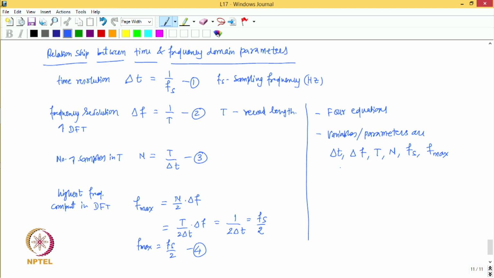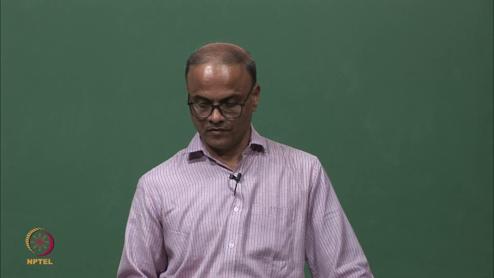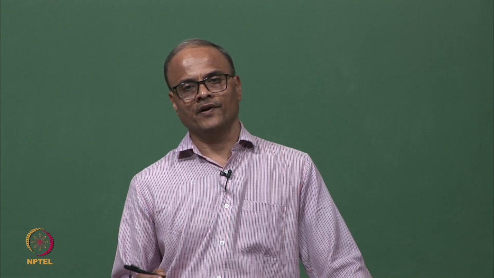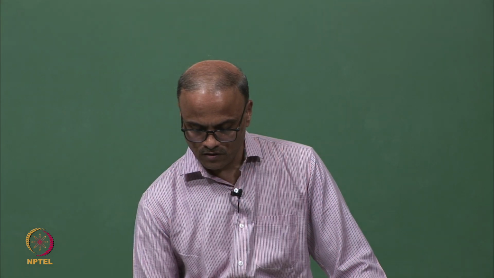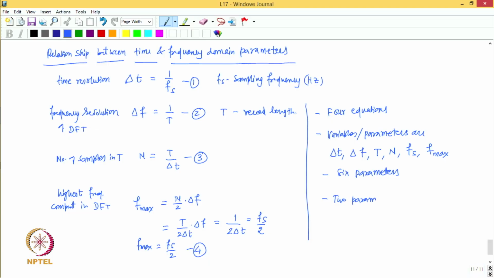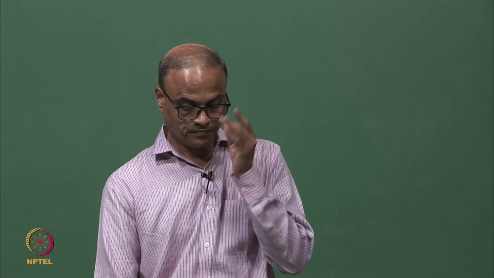So, there are 6 parameters. It means that 2 parameters can be chosen freely. Once any 2 parameters are chosen, the other 4 parameters get automatically fixed from these 4 relationships.